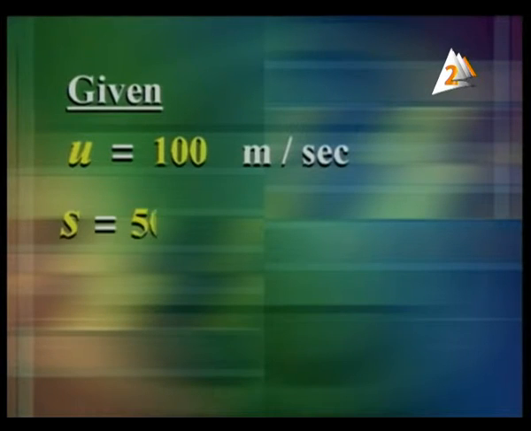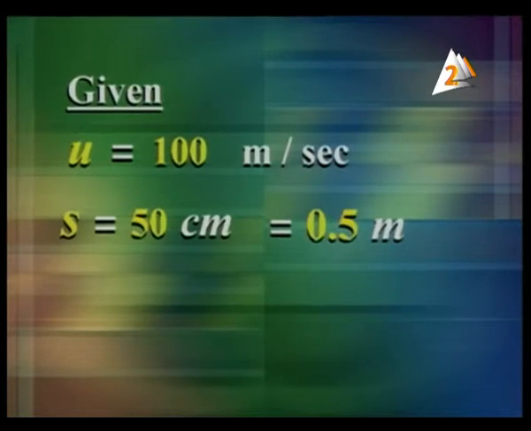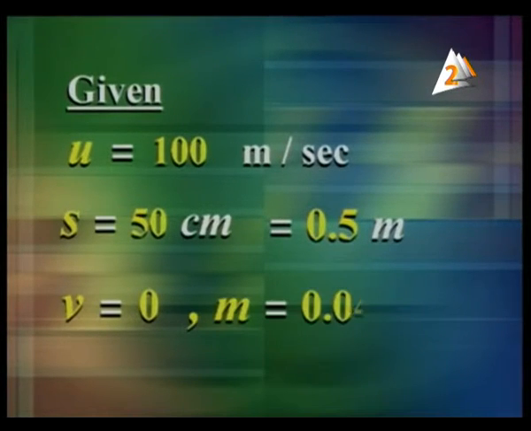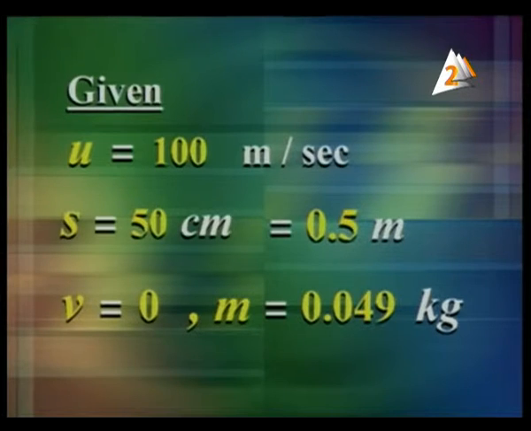Solution. The given is u equals 100 meters per second, s equals 50 centimeters, which is half a meter, v equals 0, and m equals 0.049 kilogram.